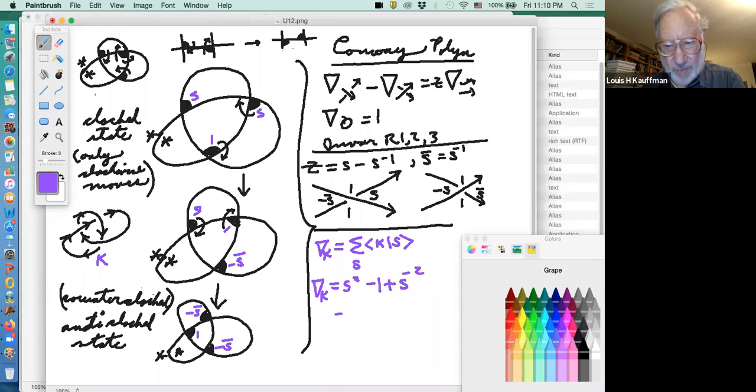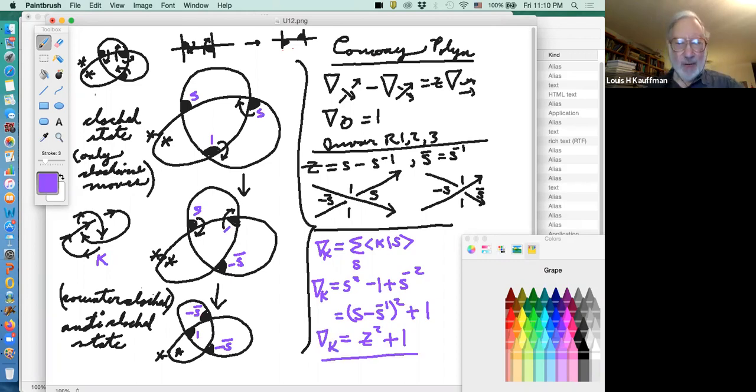And you may prefer to see that as S minus S inverse quantity squared plus 1, which is equal to Z squared plus 1, which is perhaps the usual way of writing the Conway polynomial of the trefoil knot. So these states underlie the structure of the Conway polynomial in exactly that way. Okay, so these are very interesting combinatorial states of knot diagrams.